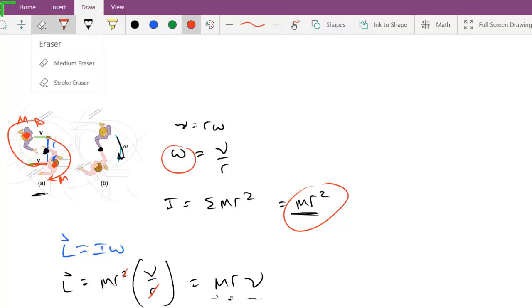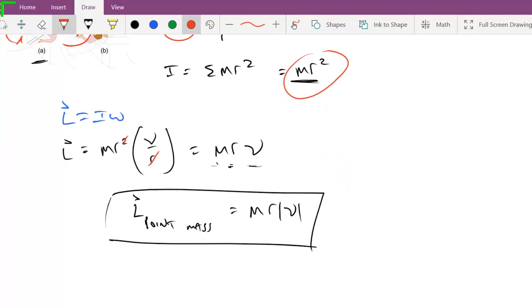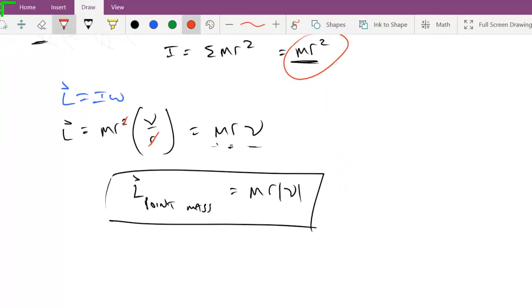But if we were to flip them both around, if this person were traveling this way and this one traveling this way, then we would have had an omega like this, which would have been positive. So we still have to pay attention to that for the direction of our angular momentum. So this is really just the speed here.